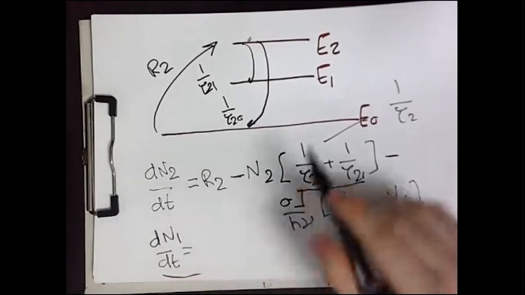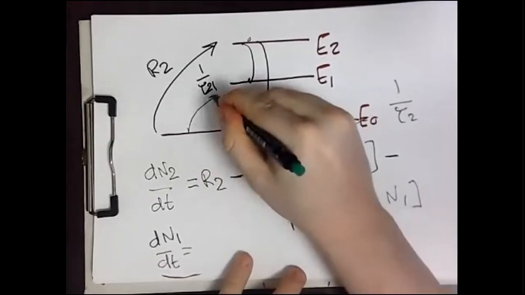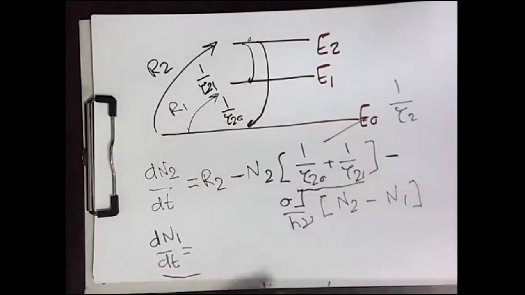What are the reasons for the population of E1 to increase? The first, of course, is the injection, R1. Here, you should ask me a very smart question.